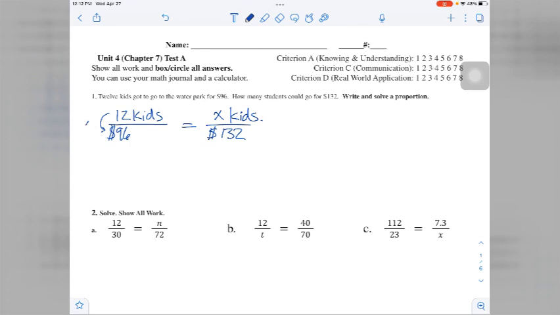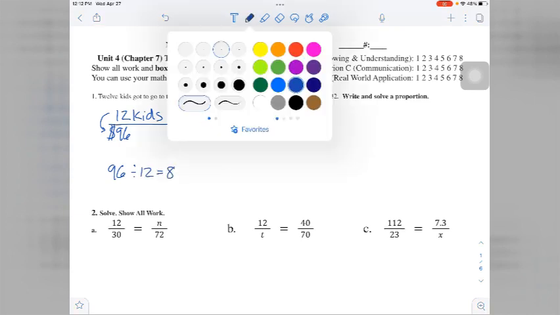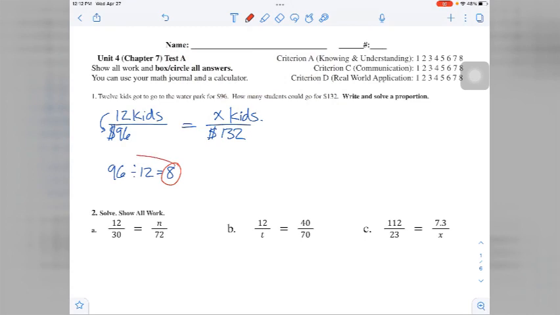If you didn't, you could say 96 divided by 12 equals 8. Now that I know I'm multiplying this by 8, that means I have to multiply this times 8. Whatever the number of kids is, times 8 is going to need to equal 132.